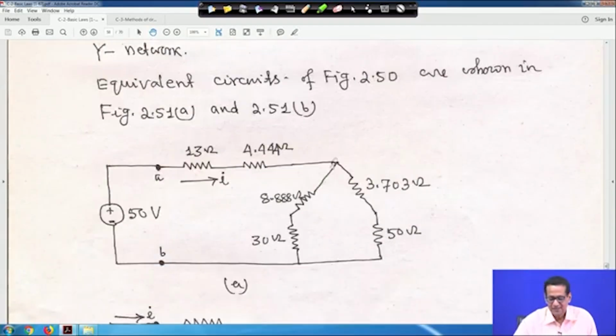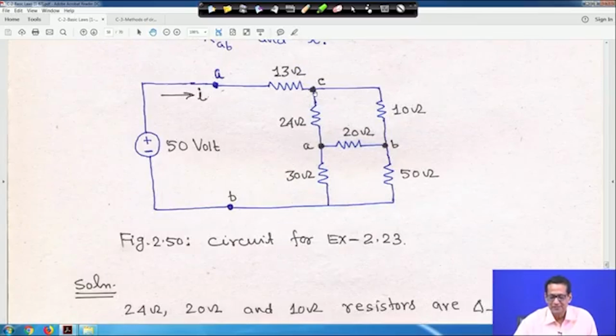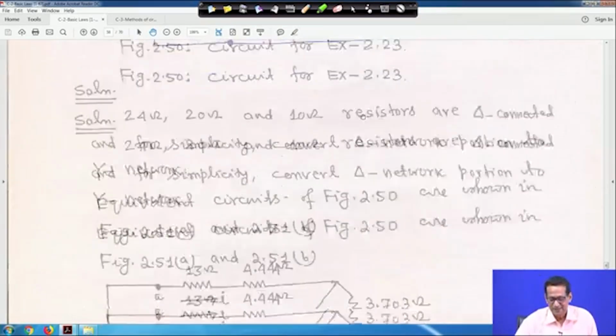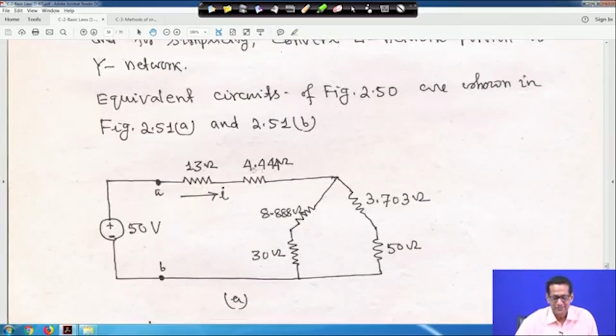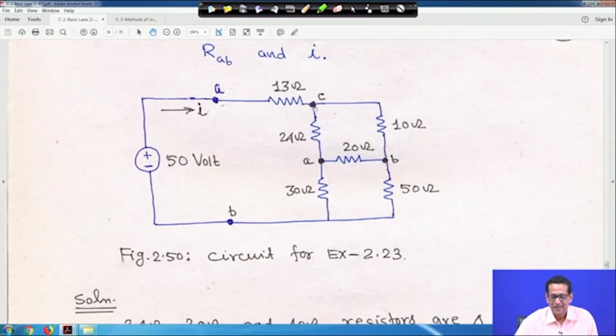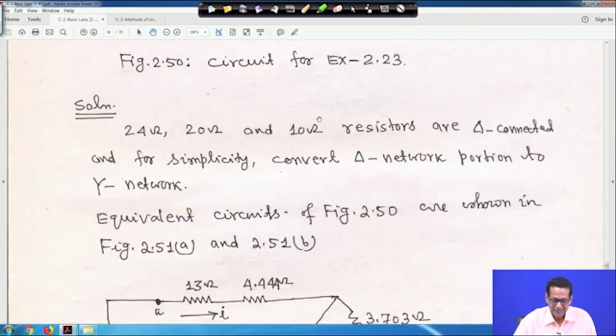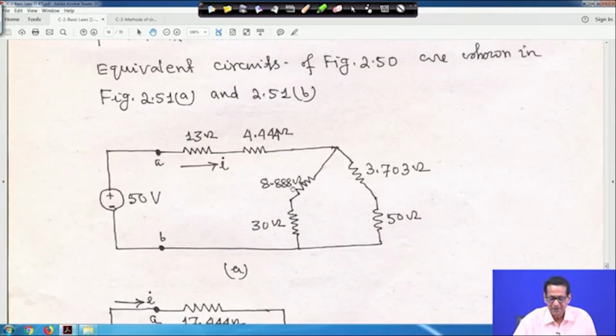If you make it, 8.888 will come on this side, because as soon as you make it, you will see that 24, 20, 10 are in delta to star. So, it will become 13 ohm, and this branch will be in series with it, and the other two will come as 8.88.